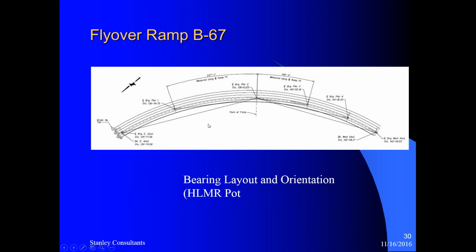And usually in these curved plate girder bridges, the expansion bearings are oriented towards the fixed pier, and HLMR high load multi-rotational pot bearings are utilized.